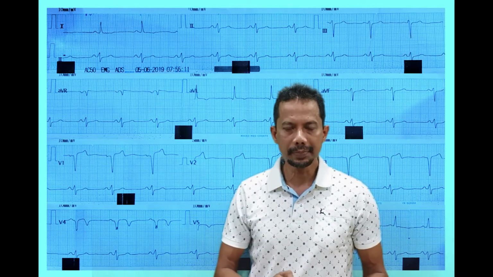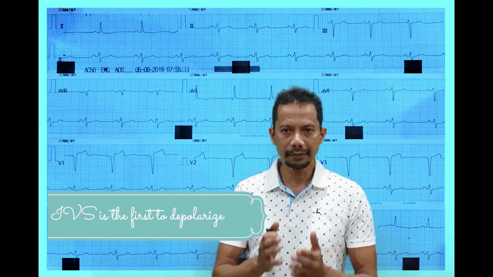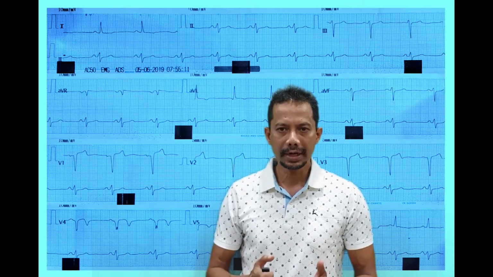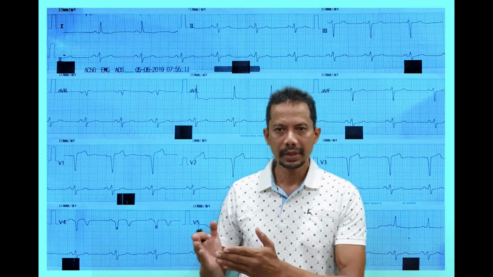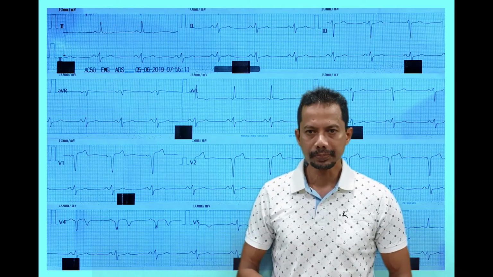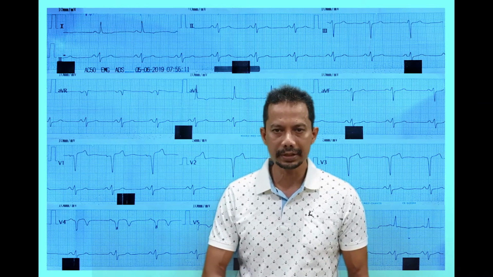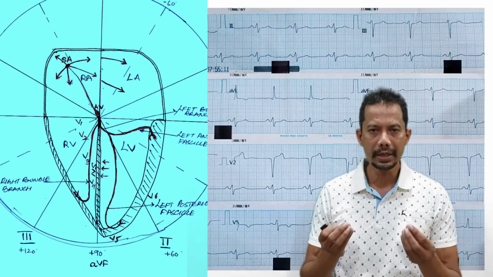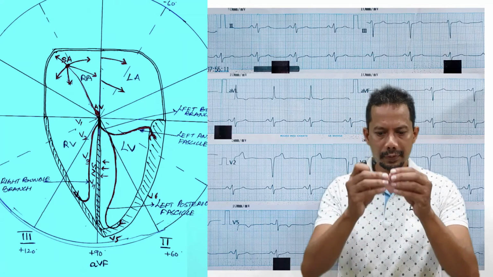We also discussed in the previous ECGs that the interventricular septum is the first part of the myocardium that is depolarized, from left to right by the left bundle branch, and some books say it is a septal fascicle that depolarizes the IVS. IVS is not a very bulky structure because it is very thin.